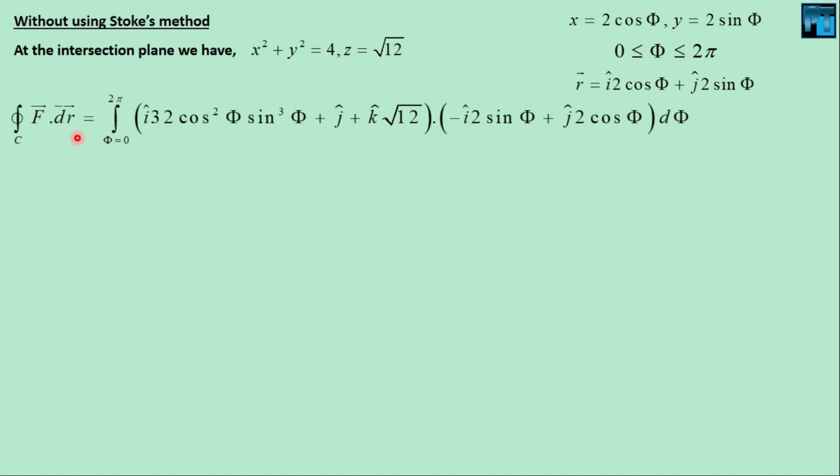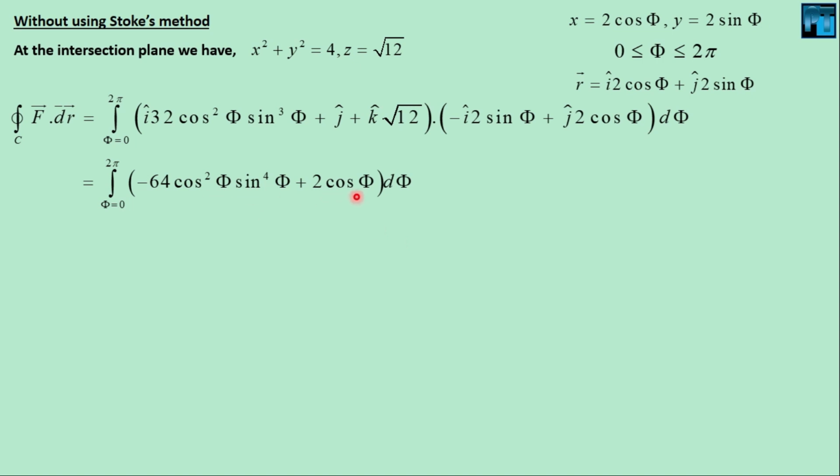Now here we have our f from the previous one and our dr from this one, and after the dot product we get this thing only. See, this is a way better process than the previous one. Only two lines, but for a surface integral, you know what happens.